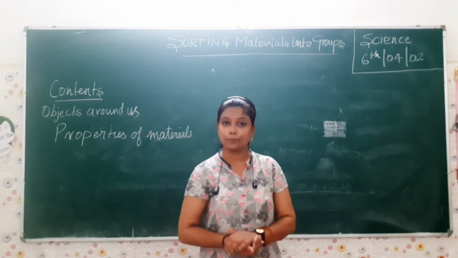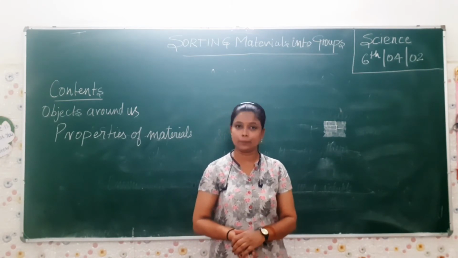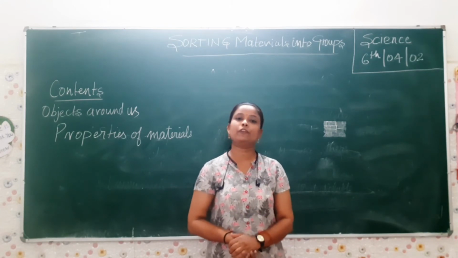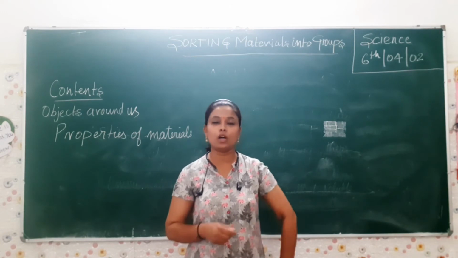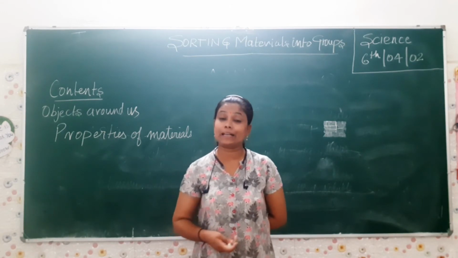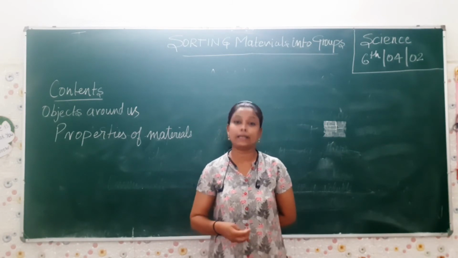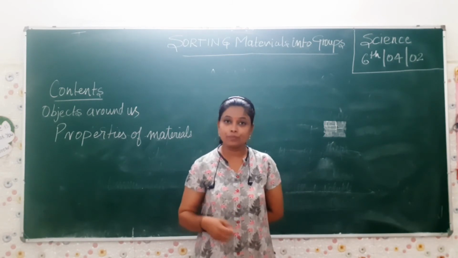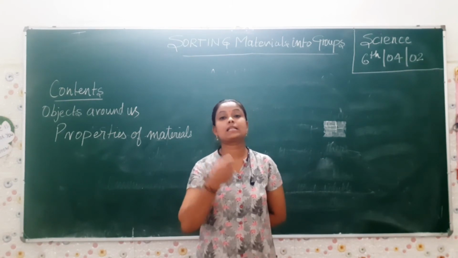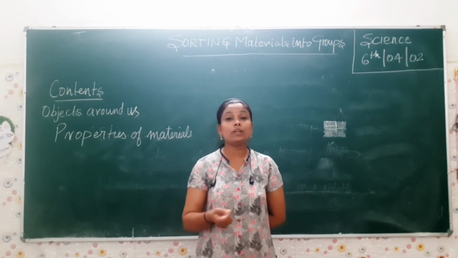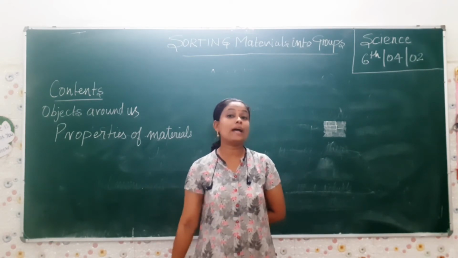So what objects can float in water? Objects like wood. It always floats in water, as well as a mug. You just do an activity, so it will be clear to you which objects float and which objects sink. Take a bucket, fill it with water, then drop a plastic mug inside the water. You will find that the mug is floating. Why is it floating?